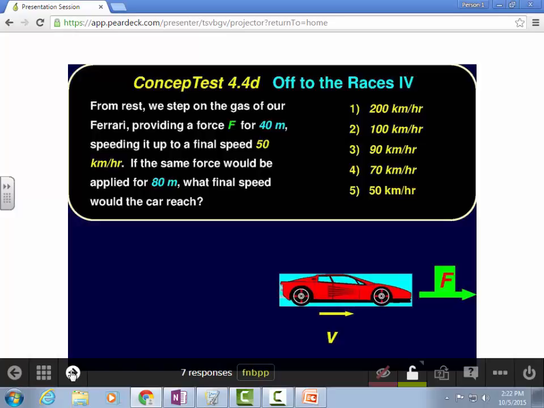Five. Gotta move fast, guys. Yeah, proportions is an issue. All right, I'm going to call time.